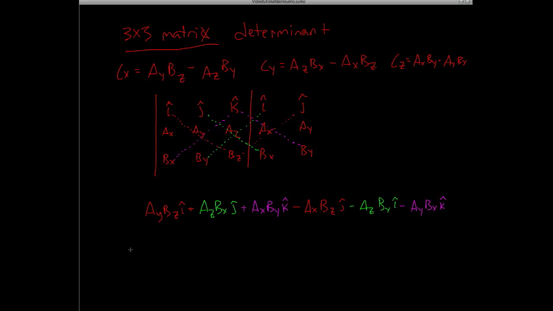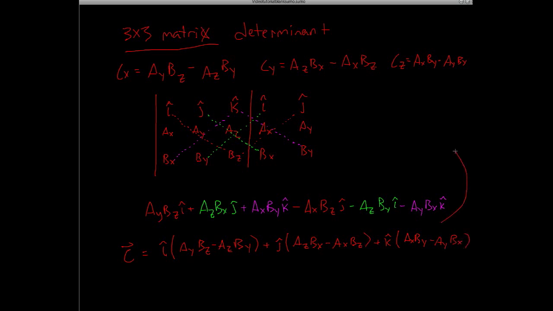So as you can see, our vector C is given as i hat, Ay Bz minus Az By, and then plus j hat, Az Bx minus Ax Bz, plus k hat, and that is Ax By minus Ay Bx.